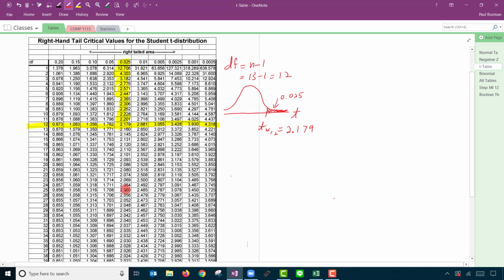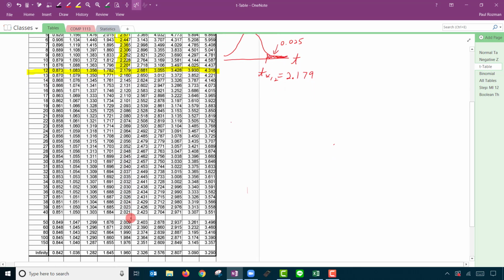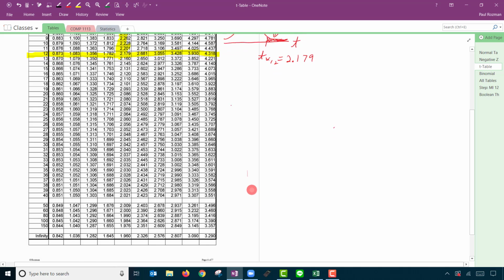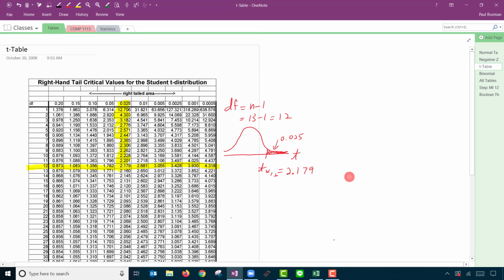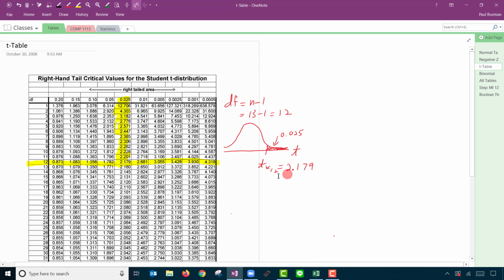Once you get into the 20s and 30s, it is pretty much 2. Once you get to a sample size of infinity, it matches what's in the Z table, 1.96. So the t-table approaches the Z. Anyway, our critical value here is 2.179.